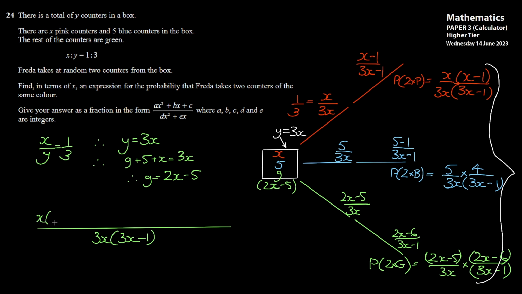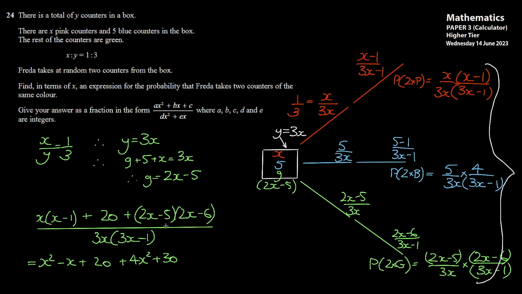This is x minus 1, that's our first term, plus 5 times 4, which is 20, plus this lot. So this is x squared minus x plus 20, and now the multiplication of this bracket, which is 4x squared plus 30. We've got a negative 10x here and another negative 12x, which is negative 22x. And that's over our denominator.